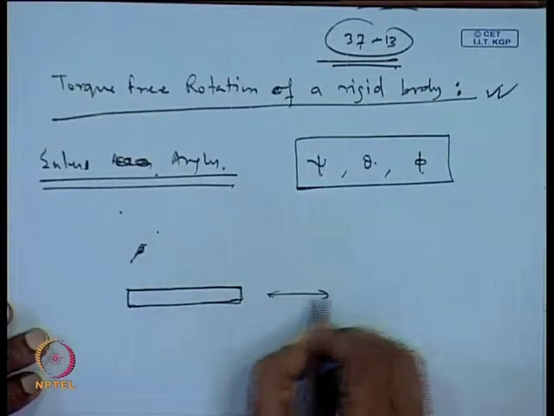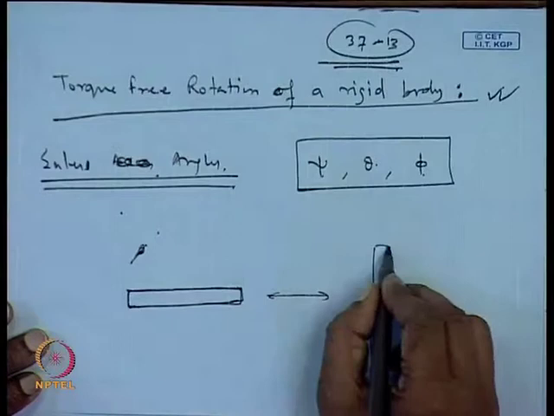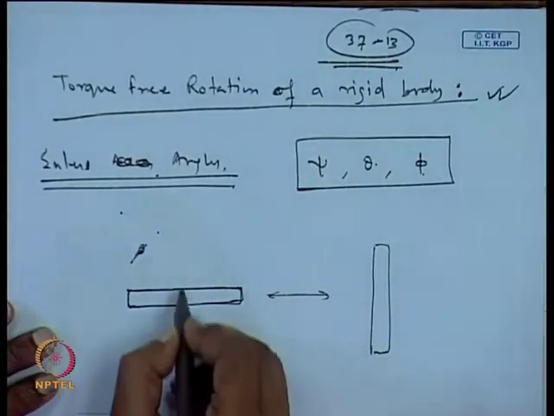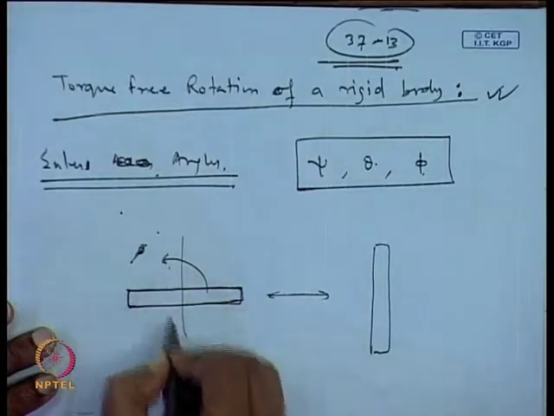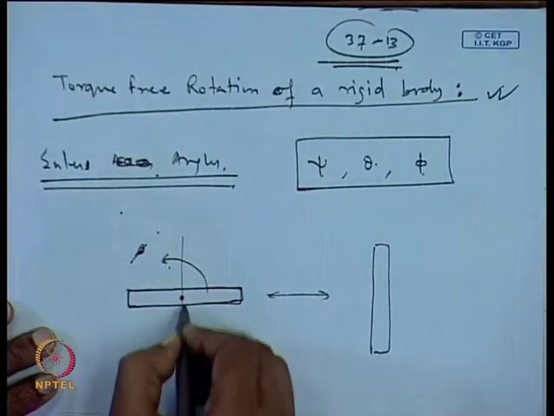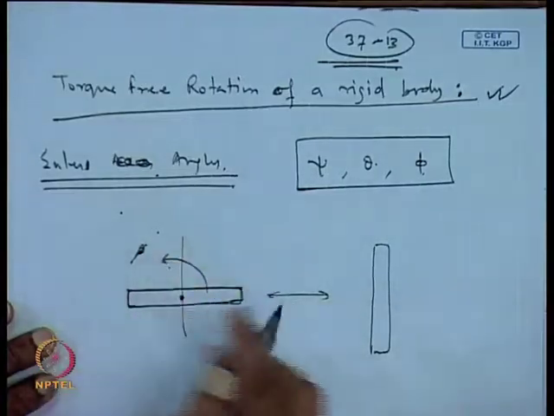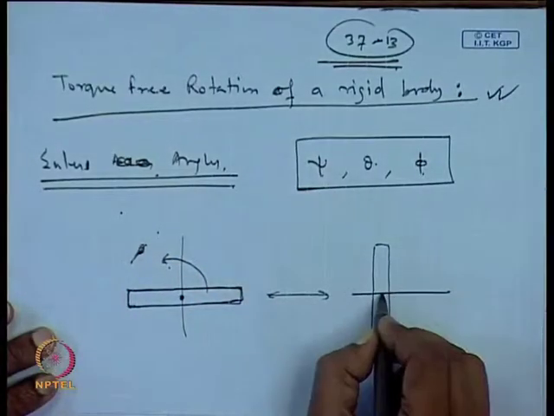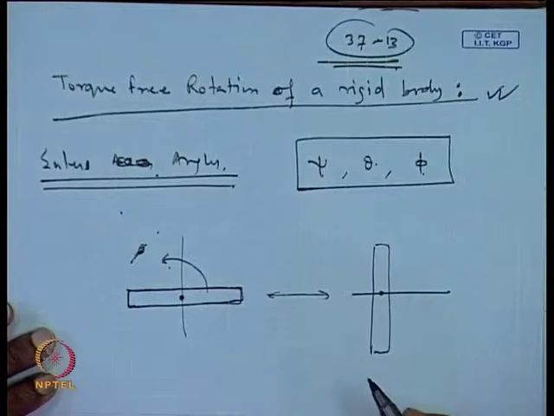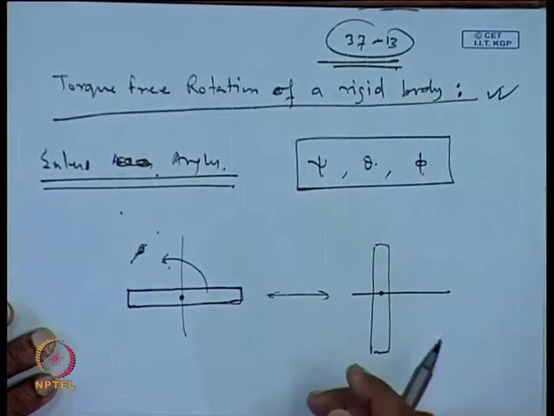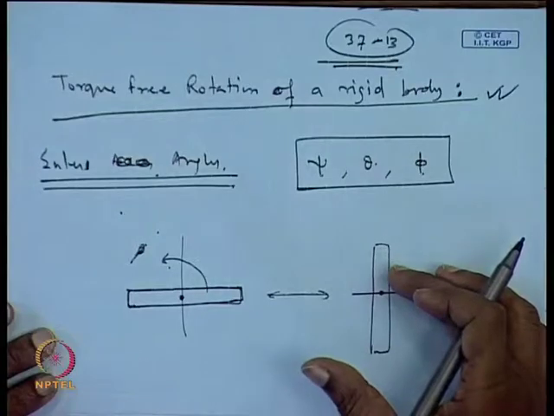So, you can bring it to this configuration by rotating it about the axis which is passing through this page. Okay. If you rotate anti-clockwise by 90 degrees, it will come into this configuration. Okay. So, the next rotation you give, the configuration will change. Okay.